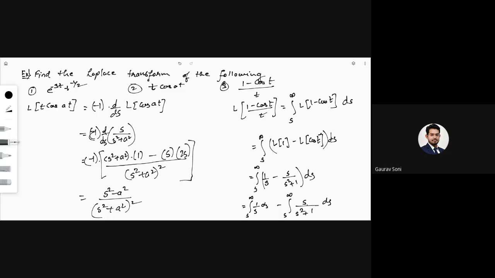The derivative of s square plus 1 is 2s. So I will make the adjustment: multiply and divide by 2 in order to adjust the derivative of the denominator in the numerator. I have multiplied and divided by 2. Now we can integrate this.